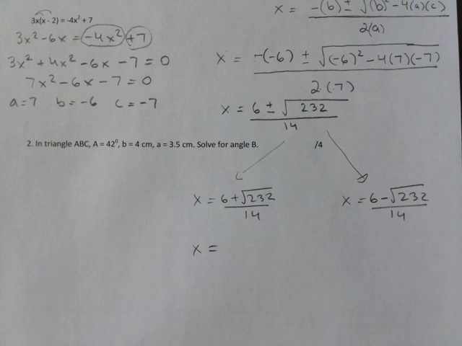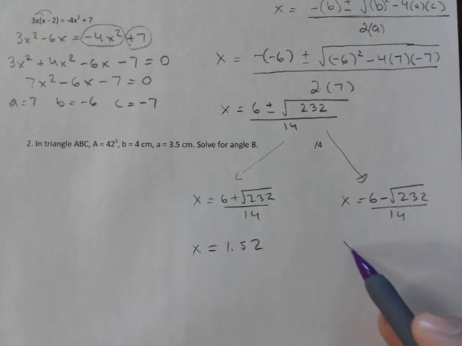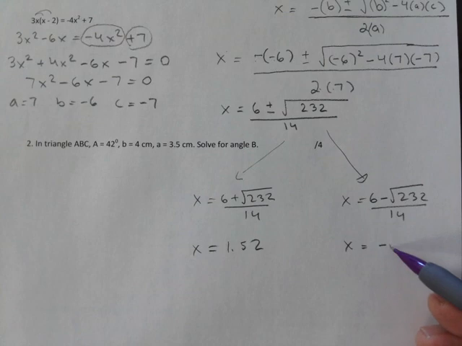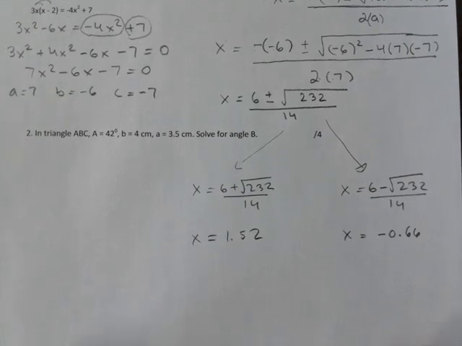So this one is 1.52, and this one is negative 0.66. All right. I'm okay just leaving it like that at this point. But you just got to understand these are x-intercepts, which are our solutions, which are our roots. So that's all the same.